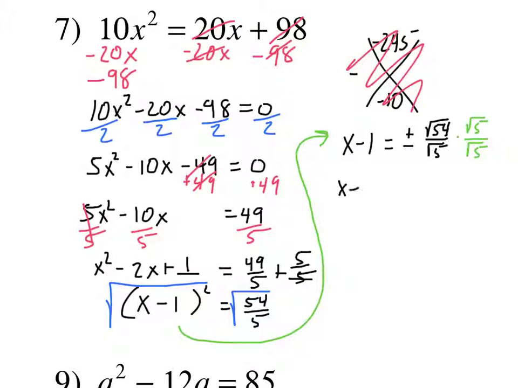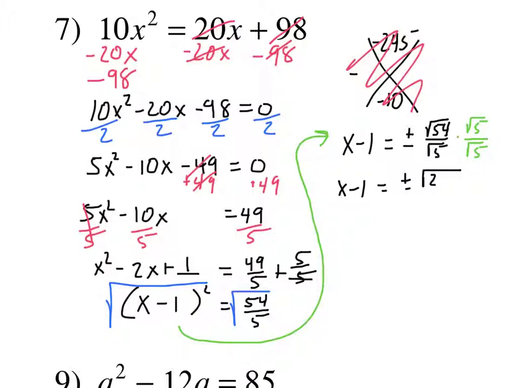So we have x minus 1 equals positive and negative. Now, here's the thing. What is the square root of 54 times 5? Someone with a calculator, push some buttons for me. You should be taking 54 times 5. 270?